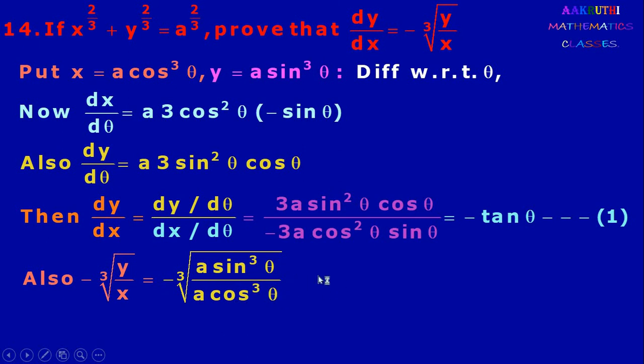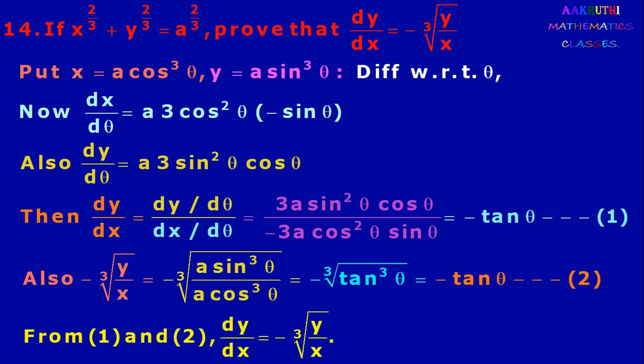So it is minus cube root of tan cube theta, and again here cube and cube root get cancelled, remaining is minus tan theta. Therefore minus cube root of y by x is minus tan theta. Compare equation 1 and 2, and here it is minus tan theta, here also minus tan theta. So therefore dy by dx is minus cube root of y by x.